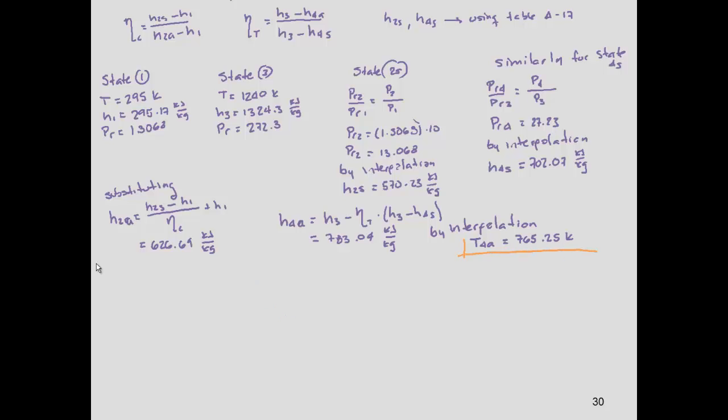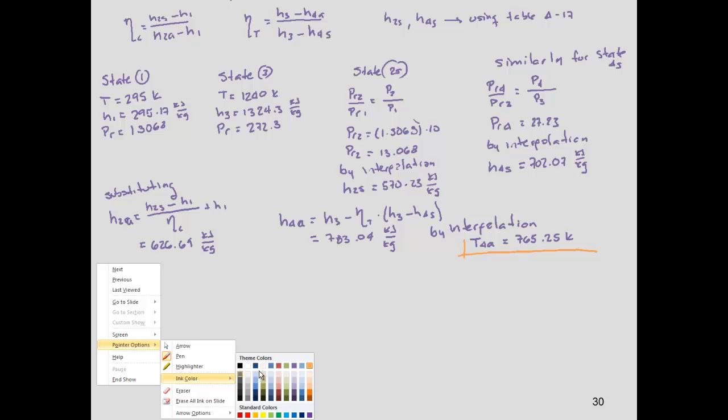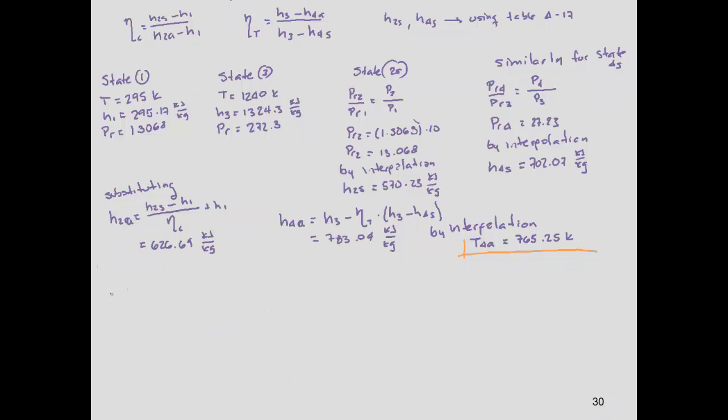Now, to compute net work, we just need to substitute. The work of the turbine will be 1324.93 minus 783.04.